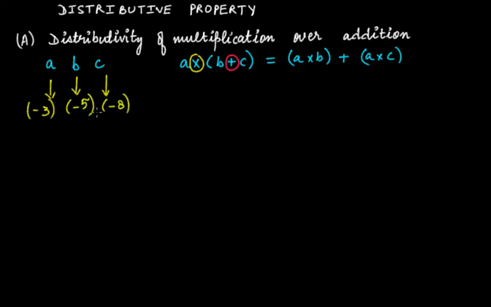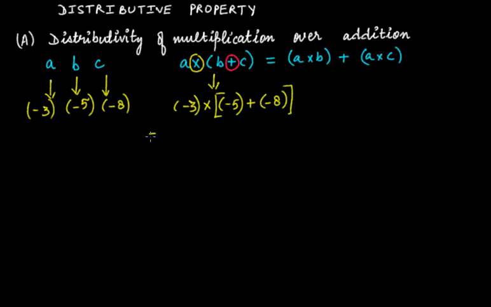I've taken all negative integers, not even a single positive integer. So if you assign values in the first condition, this will become minus 3 times minus 5 plus minus 8.